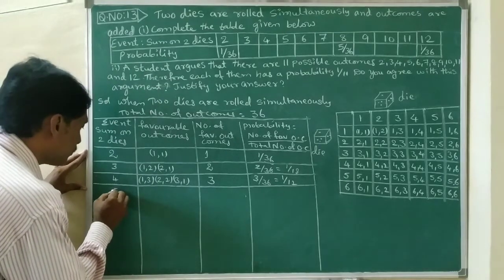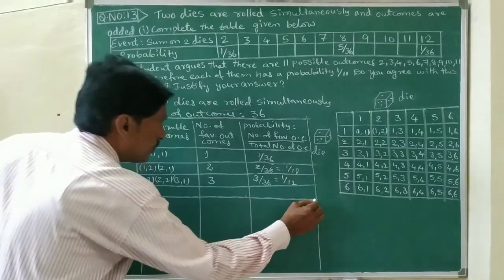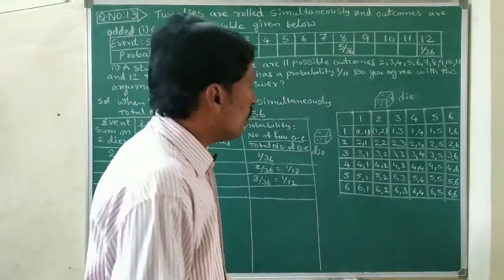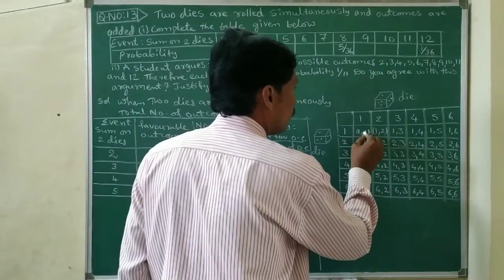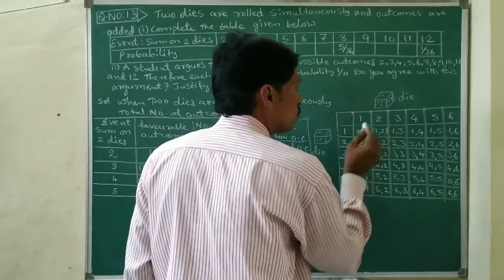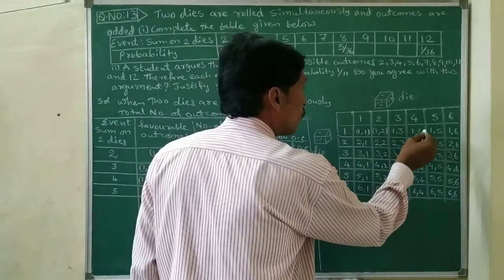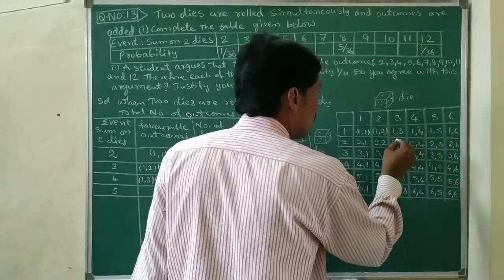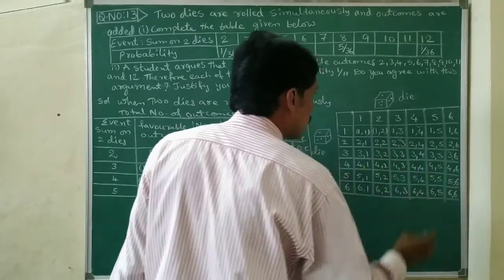Next, 5. Sum on two dice is 5. Now 5 we need to find out. Here 1 plus 1 is 2, 1 plus 2 is 3, 1 plus 3 is 4, 1 plus 4 is 5. We need to find 5, and 2 and 3, it will be 3 comma 2, 4 comma 1.